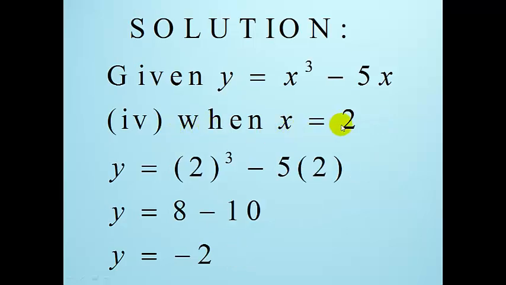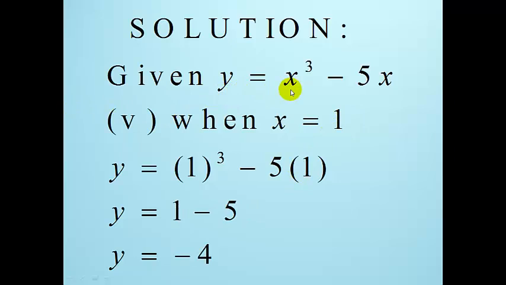When x equals 2, y equals 2 cubed minus 5 times 2. 2 cubed is 8, minus 5 times 2 is 10, so 8 minus 10 is minus 2. That means y equals minus 2 when x equals 2.